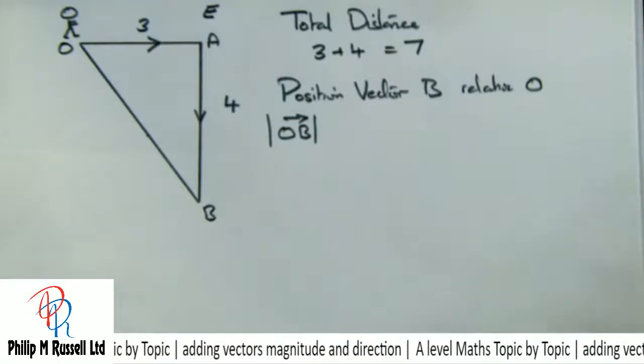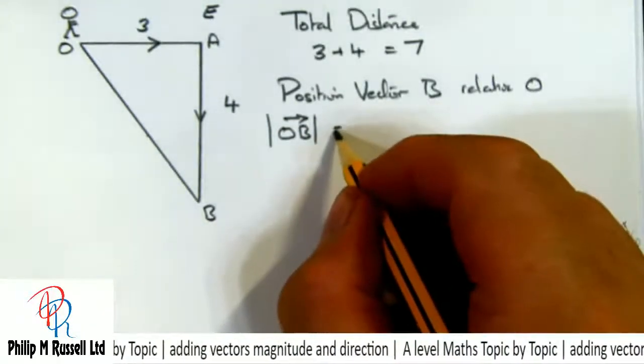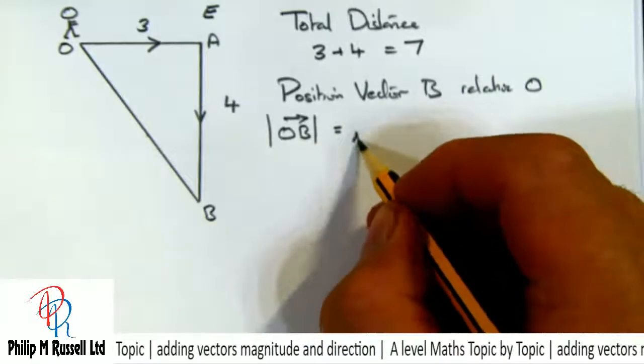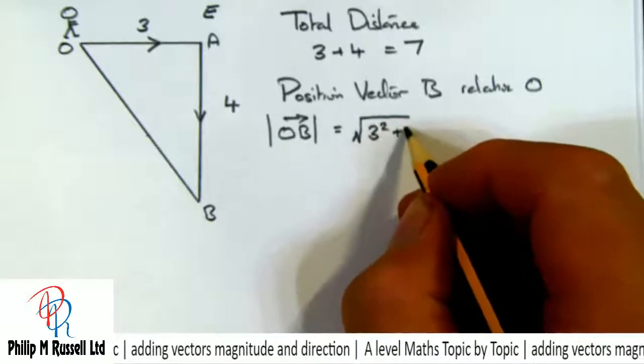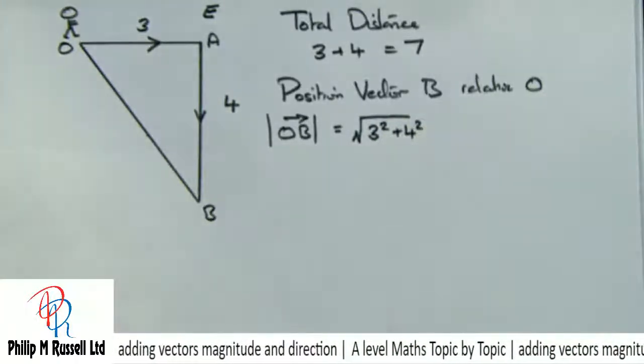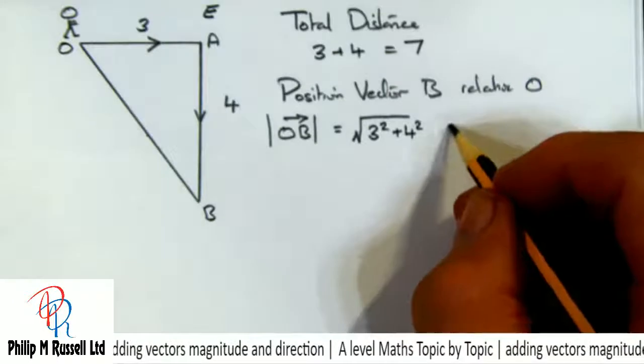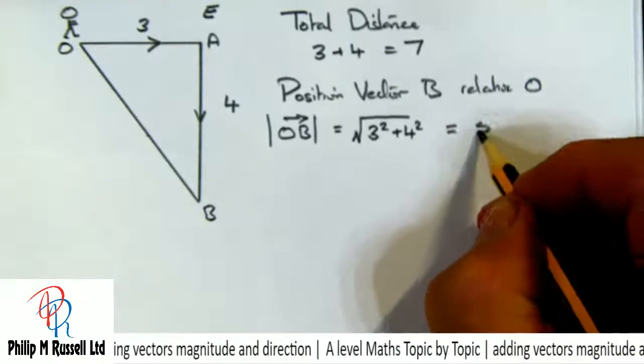Well, this is going to be the square root of 3 squared plus 4 squared, and I chose my numbers wisely, so that gives me 5.